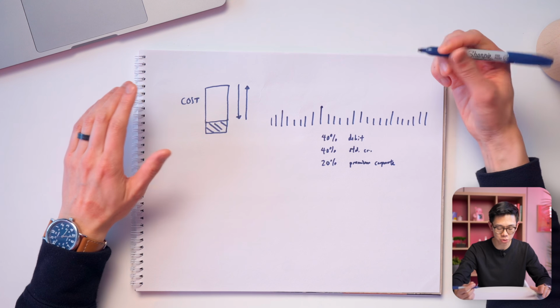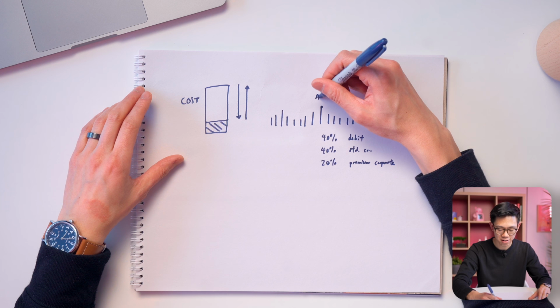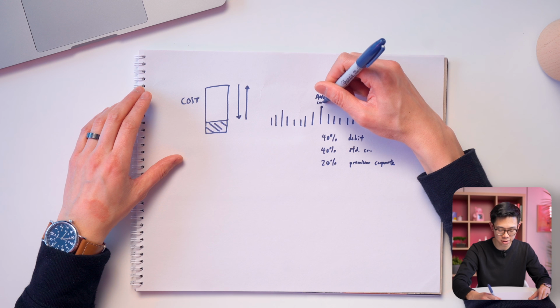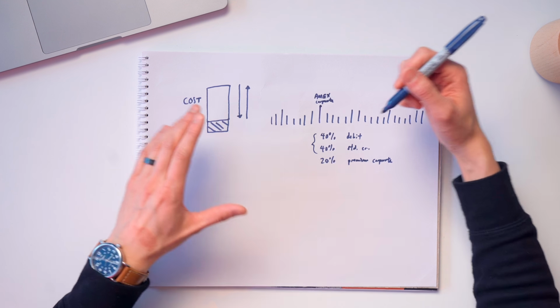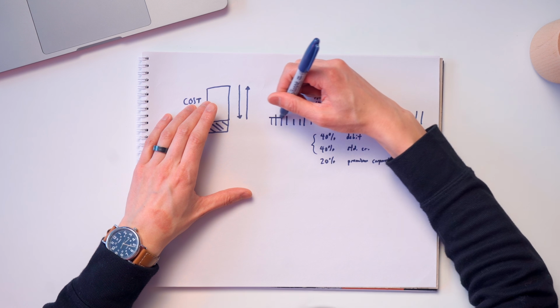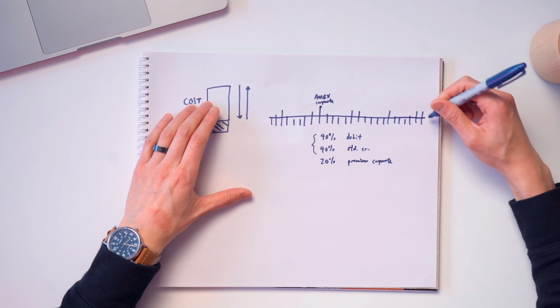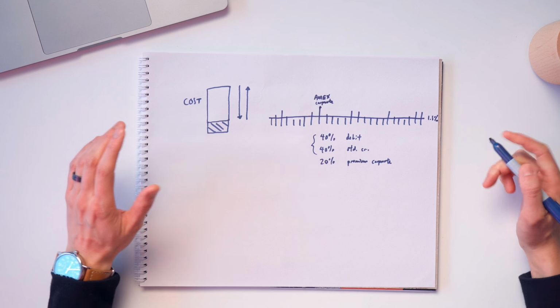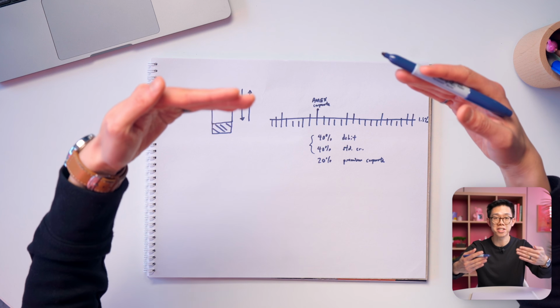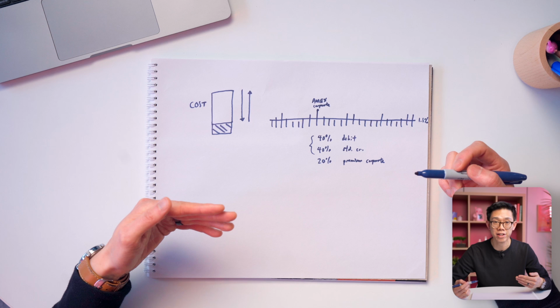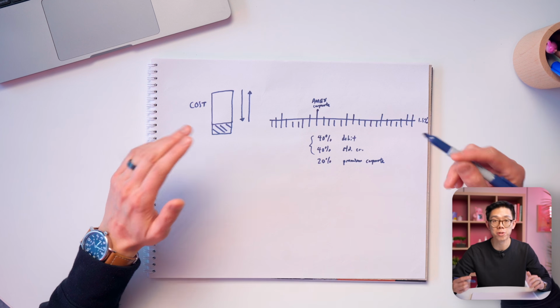What ends up happening is that even though there are spikes in cost here, like this one for example, let's say this is an Amex corporate, because the majority of your transactions are still happening in this realm, you end up with an average cost that ends up being relatively manageable. So what's essentially happening is that due to the law of averages, your overall cost gets pulled down as you process more because your mix of cards becomes more predictable.